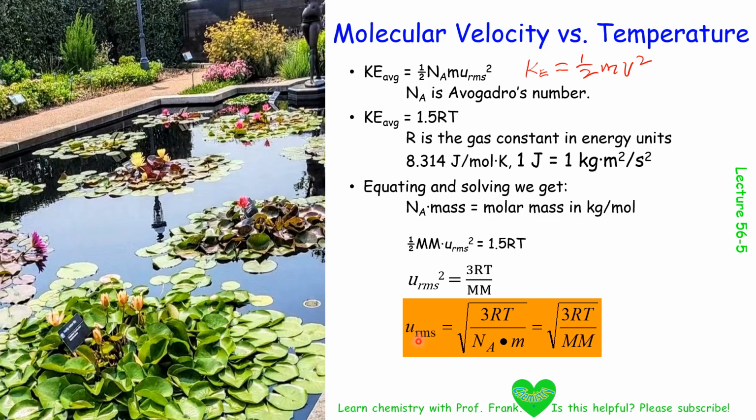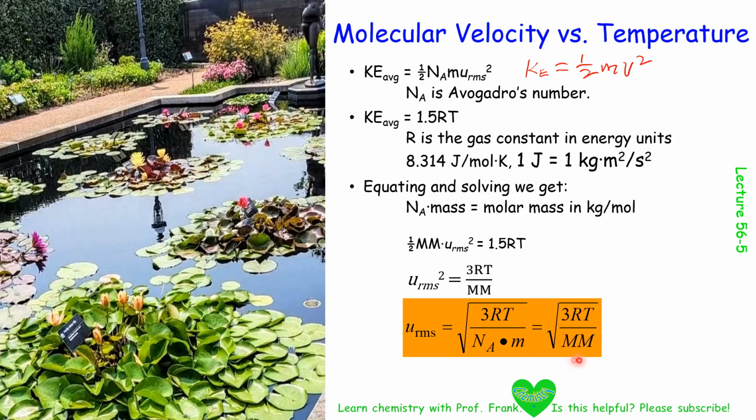That gives the velocity. And now from this velocity, you see, if the molar mass is greater, or let's say if you have a heavier gas, then this value will be smaller. Therefore, the velocity is lower. If you have a lighter gas, then this molar mass, of course, is much smaller.